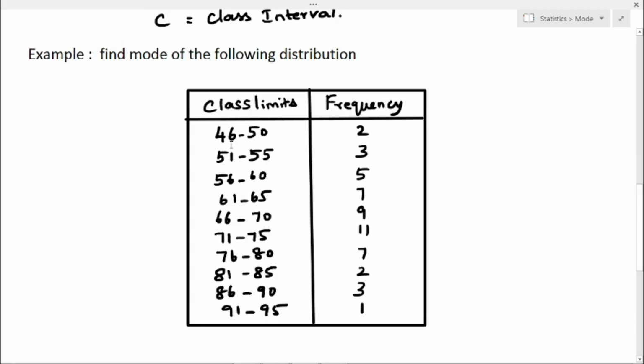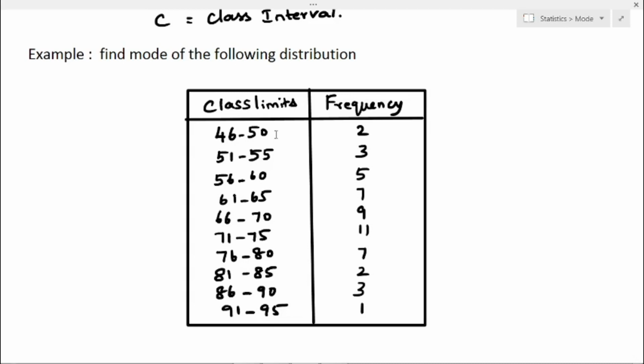For that, first we have to add and subtract 0.5 on the upper limit and lower limit to make them true class limits. If you subtract 0.5 from the first class's lower limit, 46 minus 0.5 is 45.5, and if you add 0.5 to the upper limit, 50 plus 0.5 is 50.5.